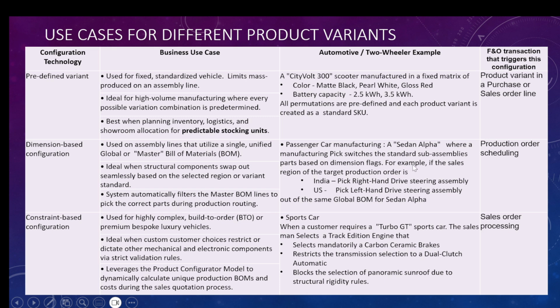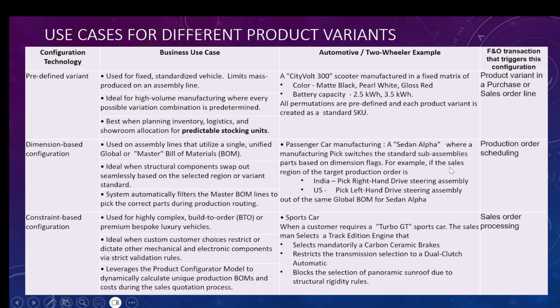Now let's say the production order is targeted for the sales region India. If the production order is targeted for the Indian region, the production BOM automatically picks from the global BOM the right hand drive steering assembly.